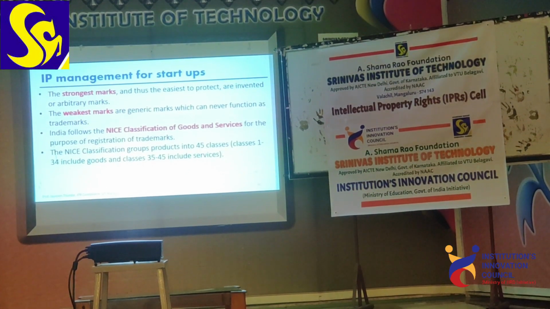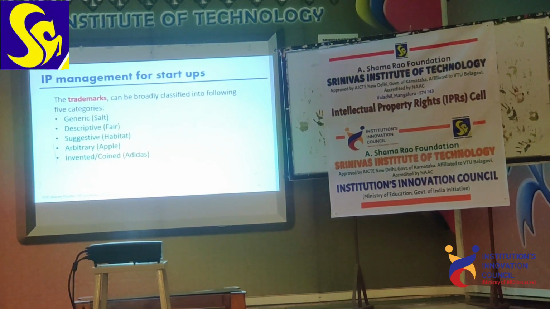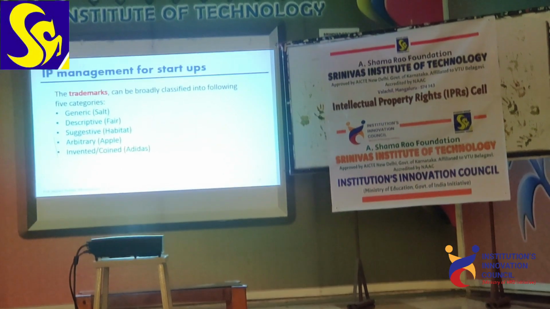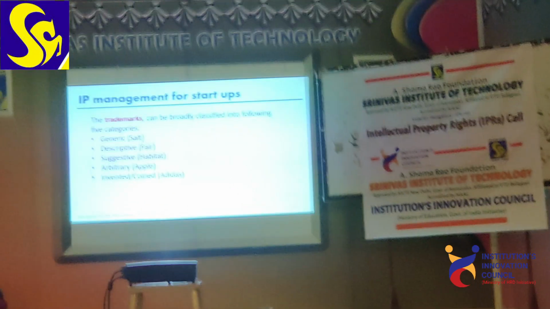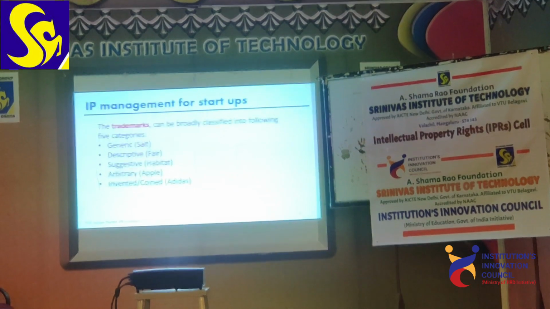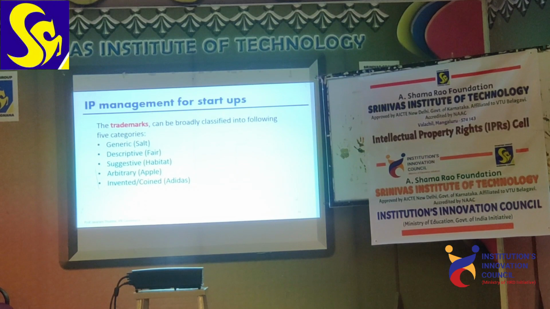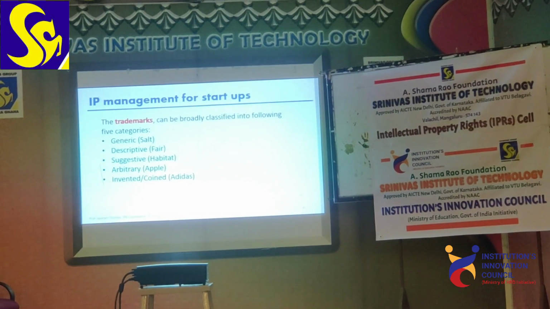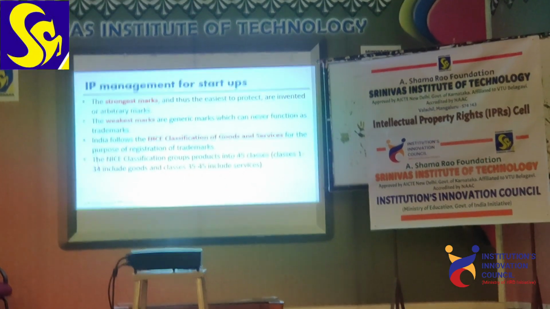The weakest are obviously the first two, generic and descriptive, because many others may have given the same name or brand, and they can easily sue you and drag you into legal process. That's why you must avoid those two.